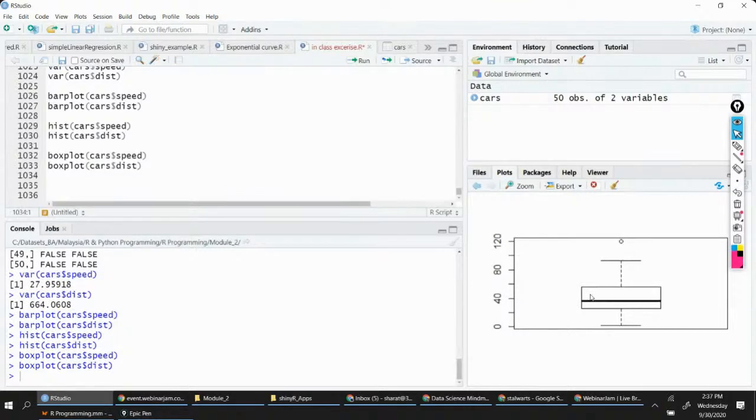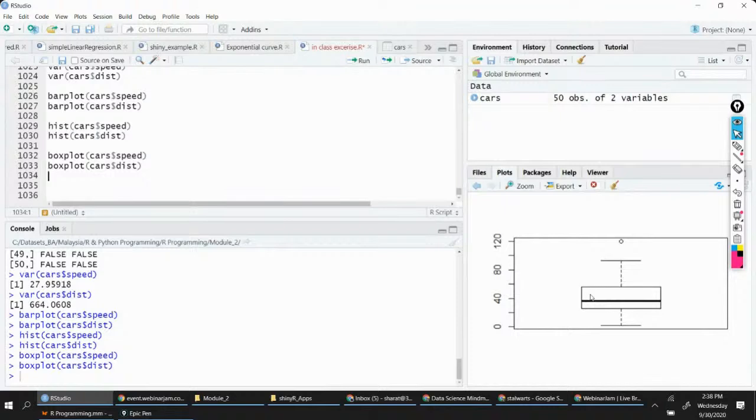I have an outlier in distance. Right? It clearly shows that it is not symmetrical in nature. Both these values are numeric and continuous in nature.